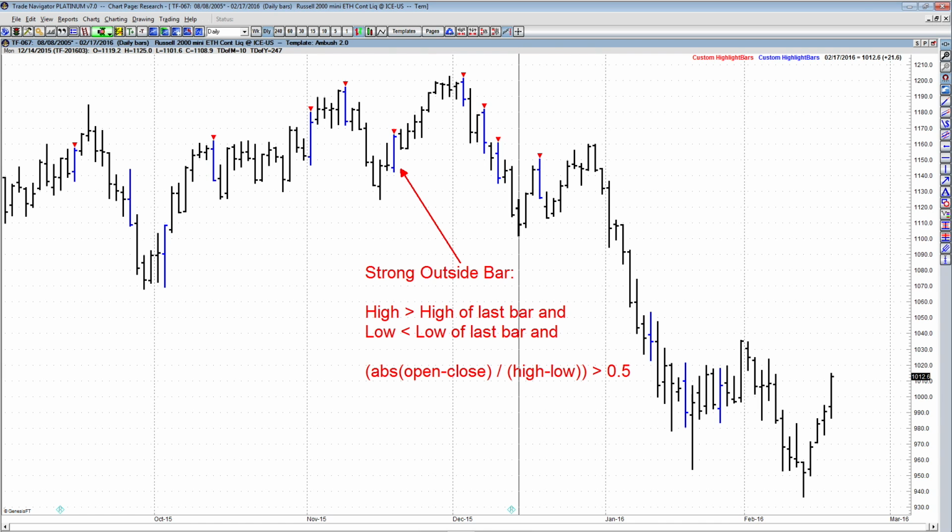And I want to see this relation to be bigger than 0.5. If it's less than that, I'm going to filter them out. And on this chart, every bar that has one of these red markers is a strong outside bar. Those who don't have it are weak outside bars.